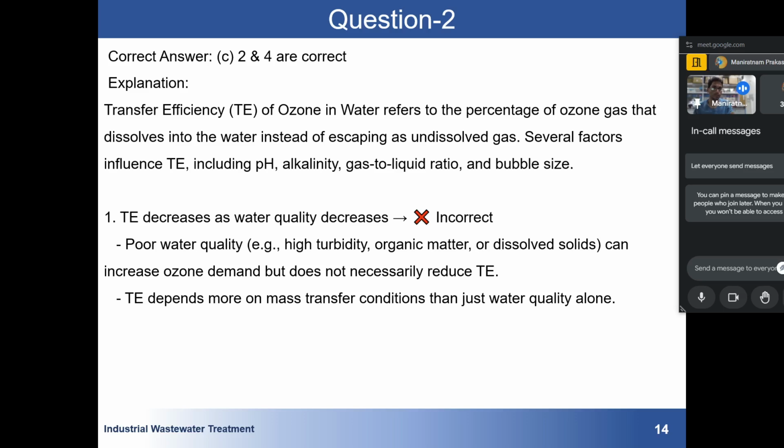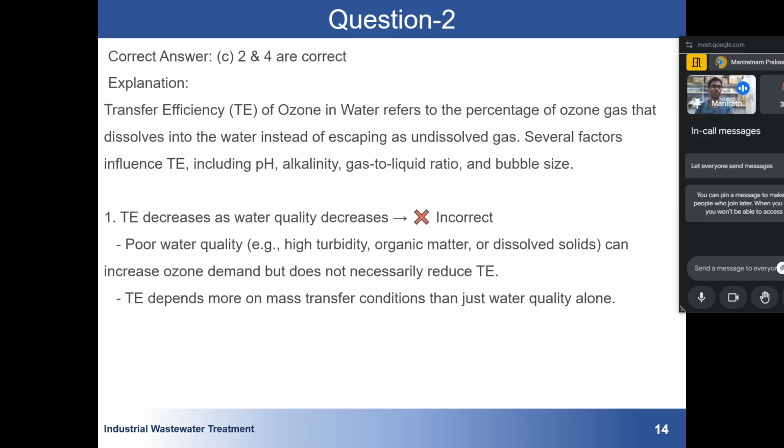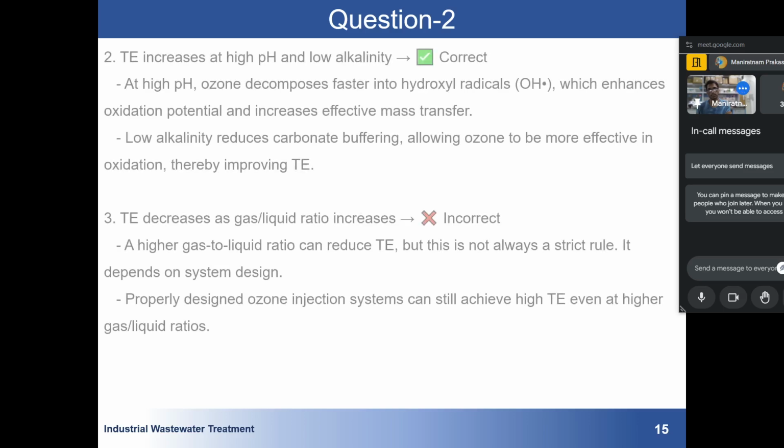Logically, due to high turbidity and high organic matter, more ozone is needed to oxidize those matters, and the ozone will stay in water. So it increases the transfer efficiency, not decreases it. That's why it is incorrect and not our answer.